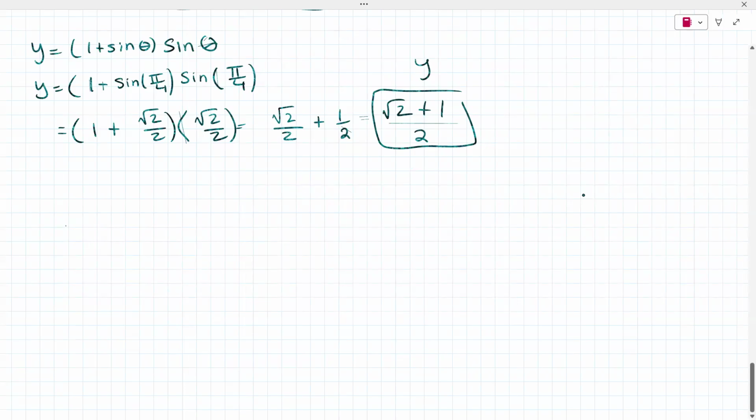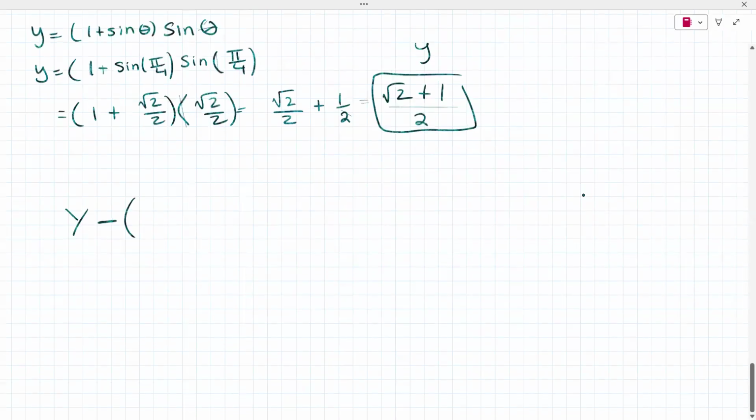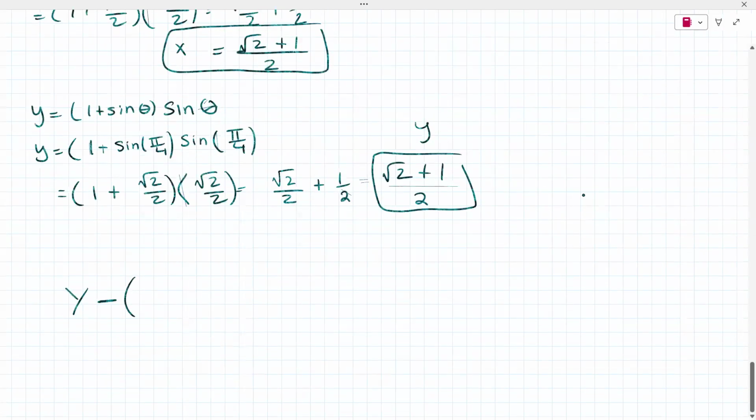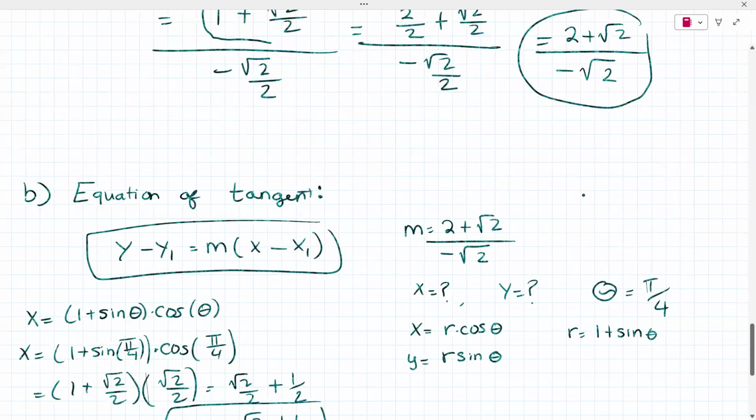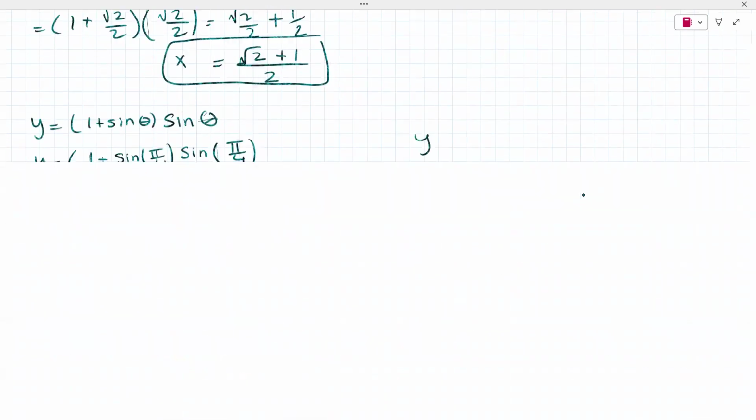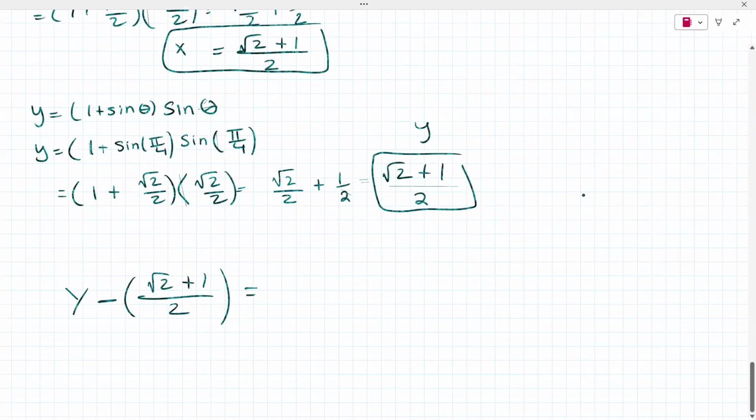So it's going to be y minus my y1, which is this, equals my m, and that was given from part A. So what is our m? This one right here: 2 plus radical 2 all over negative square root of 2, right?